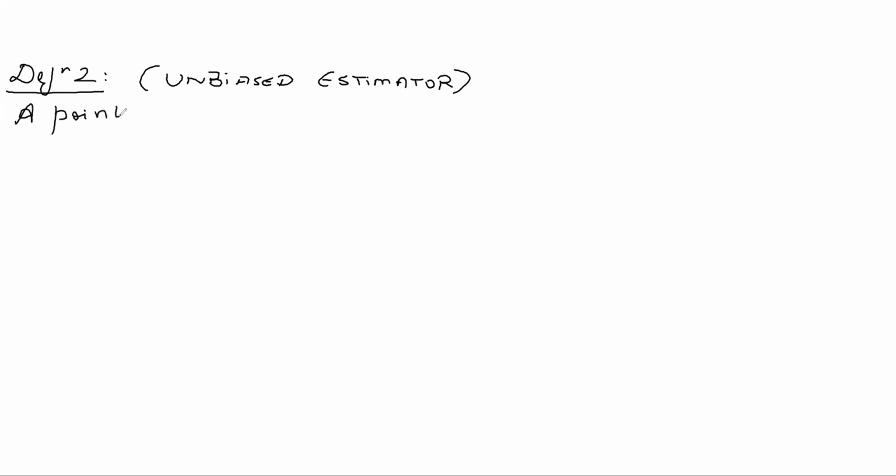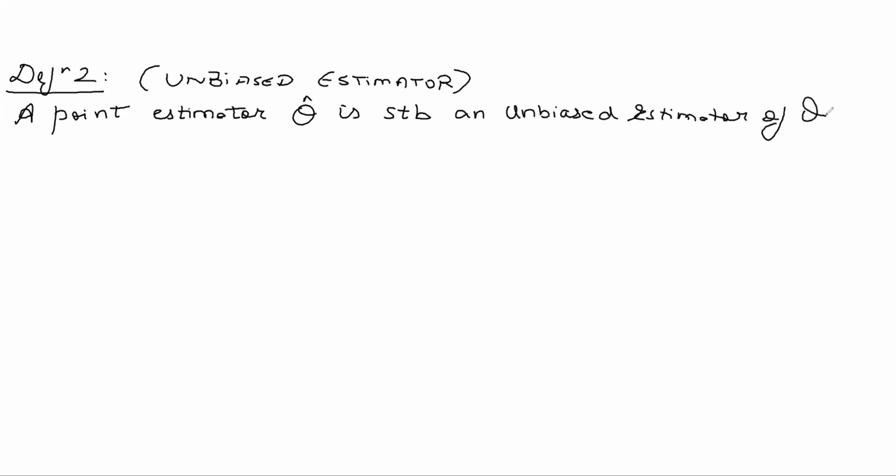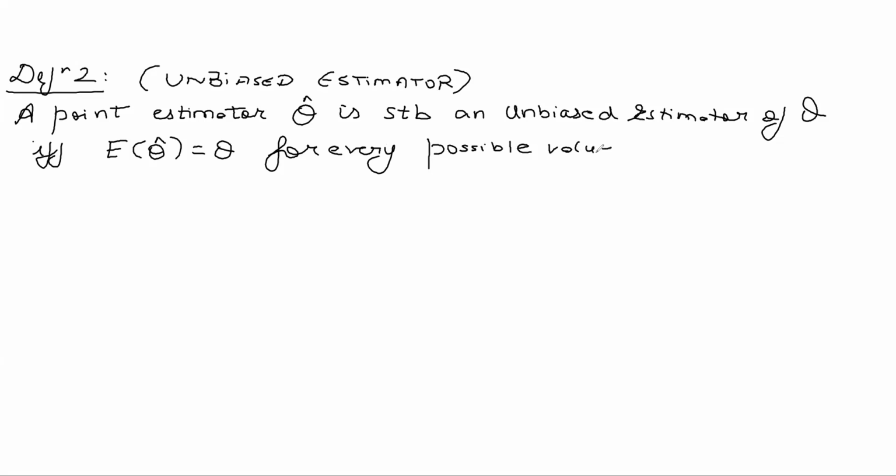A point estimator theta hat is said to be an unbiased estimator of theta if and only if expected value of theta hat is equal to theta for every possible value of theta.